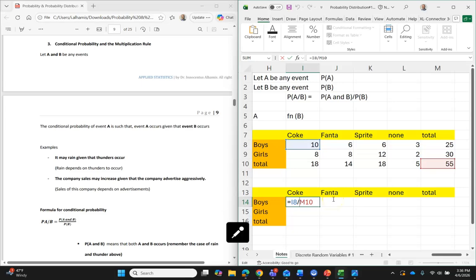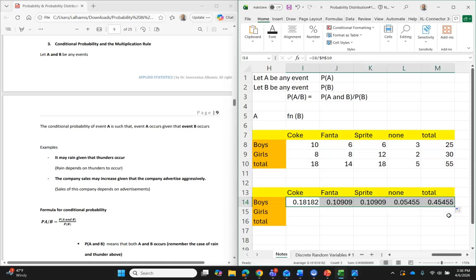So we can put the $ sign on both sides of this column, which is M for me, this one here. So we lock it down, and I'm going to enter, and in this case everything will divide by the 55, and so I can bring it down, bring it to the sideways, and also I'll bring it way down.